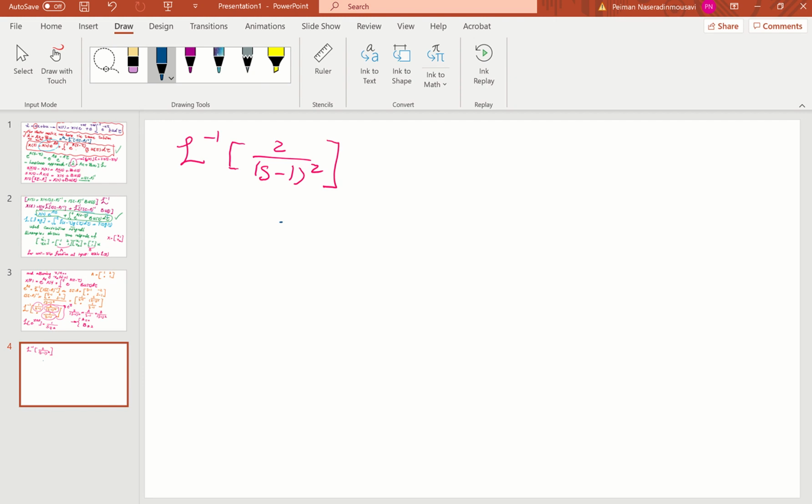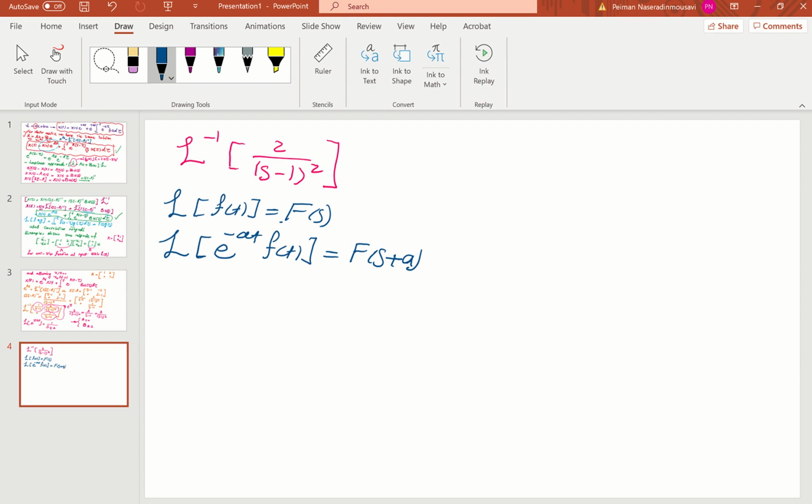I'm just refreshing your mind: if the Laplace of f of t is f of s, then the Laplace of e to the minus at times f of t is going to be f of s plus a. If you forgot, you can refresh your mind.